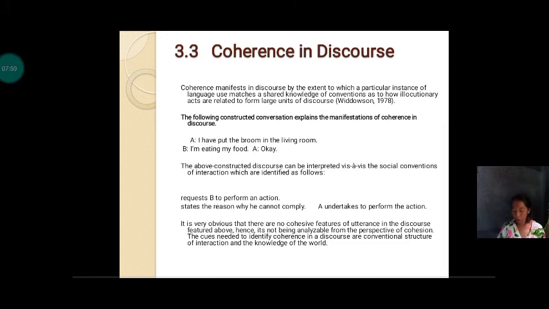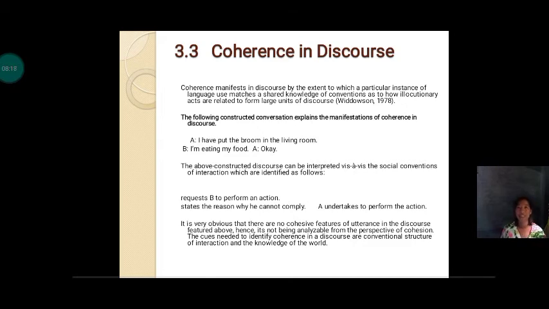Let's go to 3.3, coherence in discourse. Coherence manifests in discourse by the extent to which a particular instance of language use matches shared knowledge of conversation as to how allocutionary acts are related to form a large unit of discourse.